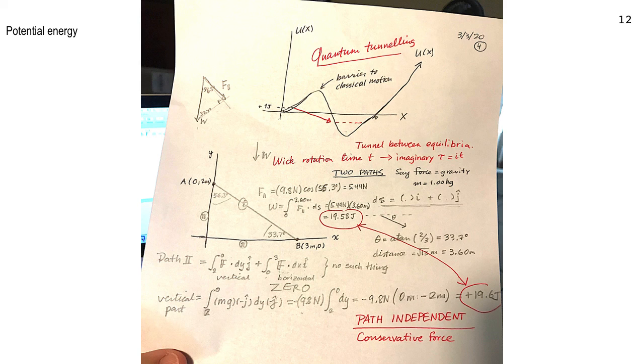So, students, this shows that, within a little bit of a slop error here, we have path independence. So these are path independent. And you can prove it if you keep all the trig in there.